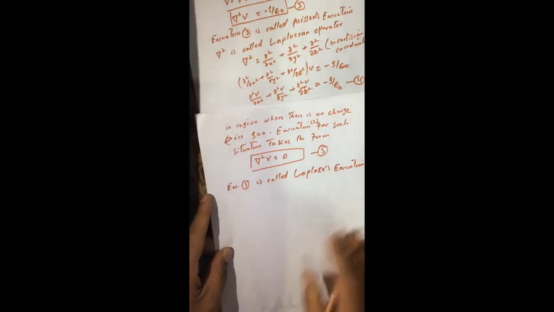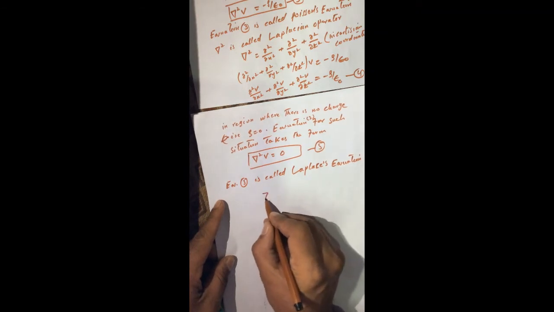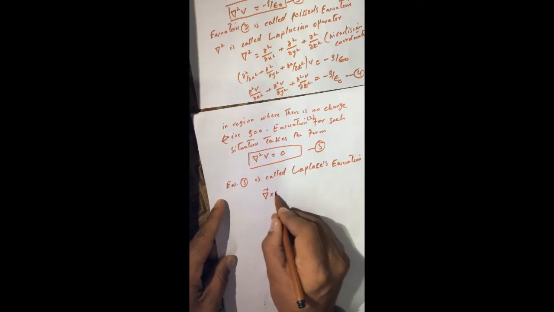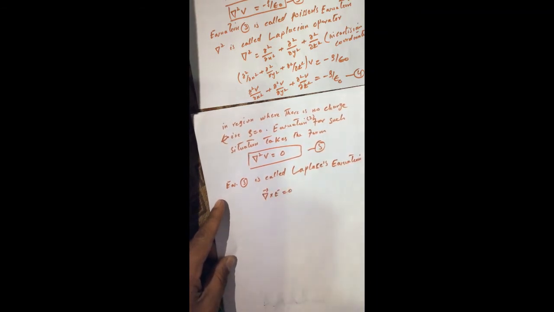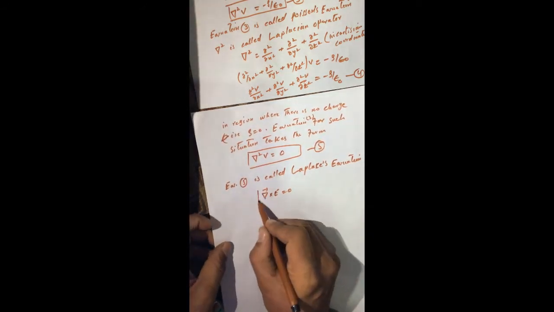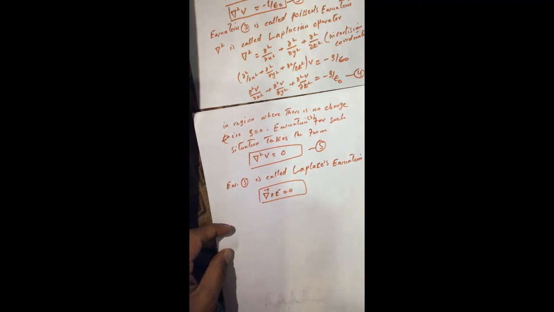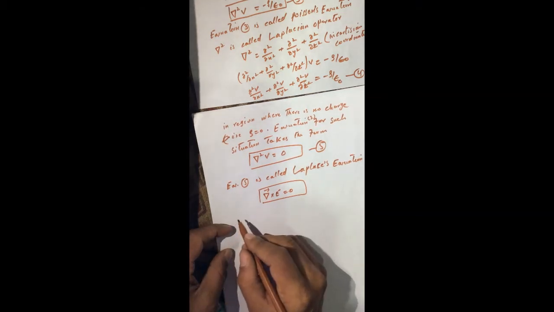Now I will do some extra calculations here. We know that the curl of electric field is always 0. We did it before and we already proved it there. Now I will prove this fact again here, by using equation 1.